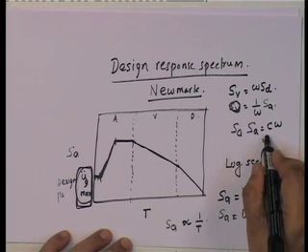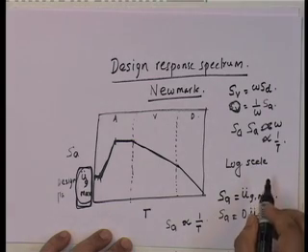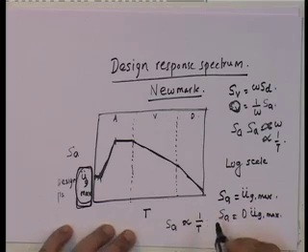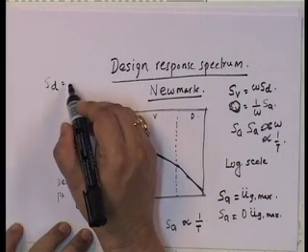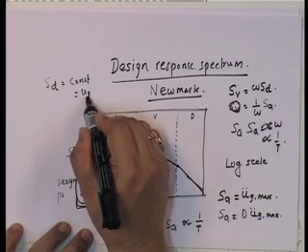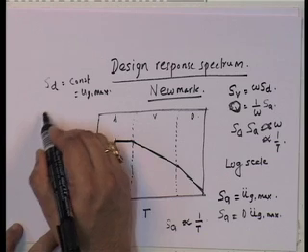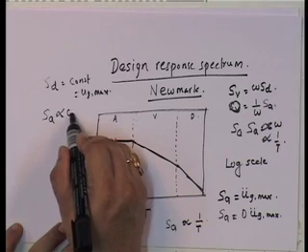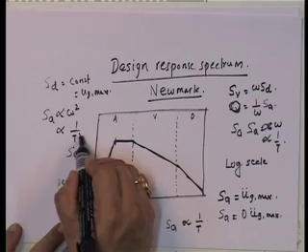So, that means it is proportional to omega, which means it is proportional to 1 upon t. Okay. Then in the displacement controlled region, S d is a constant, which is equal to U g max. Okay. So, if S d is a constant, then S A is proportional to omega squared, and so that is proportional to 1 upon t squared.